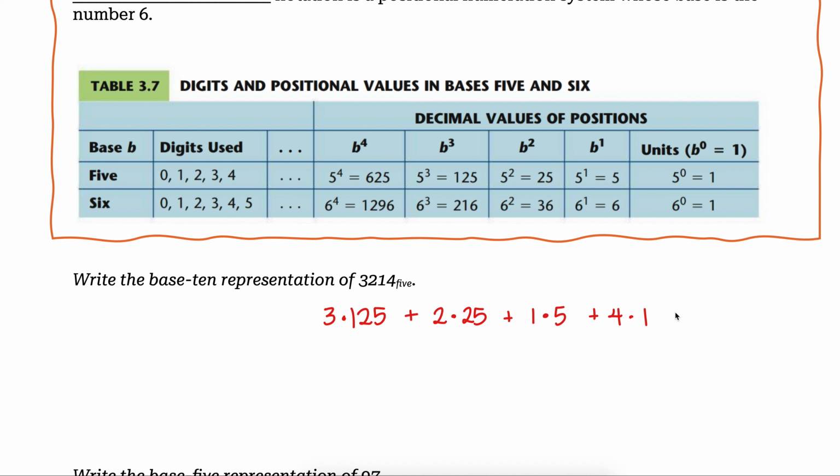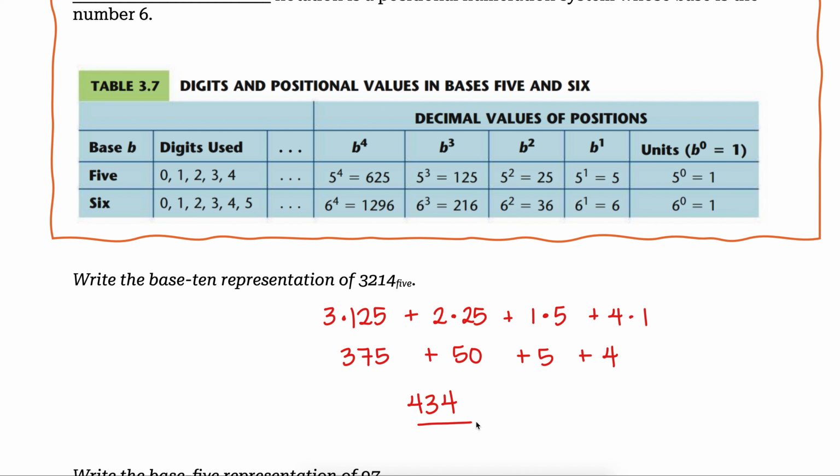These are just powers of 5. So that gives us 375, again now we're in base 10, plus 50, plus 5, plus 4. So in base 10 numeration, we have 375 plus 50 plus 5 plus 4, which is 434.